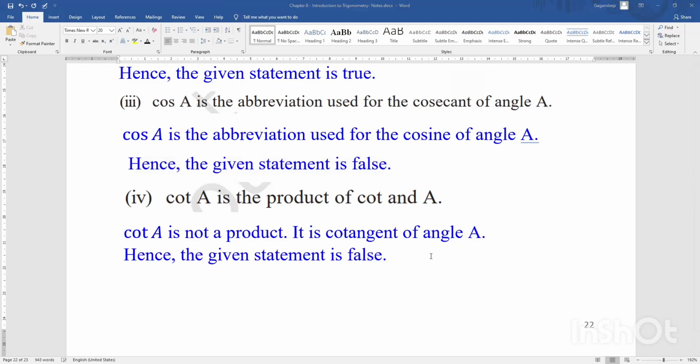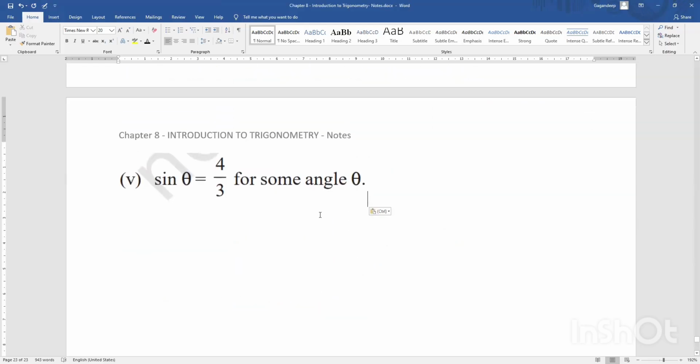I have one more question, the fifth one: sin theta is 4 by 3 for some angle theta. Given sin theta is 4 by 3. By definition, sin theta is opposite by hypotenuse. If we notice properly, here the opposite is in fact greater than the hypotenuse, which is not possible.